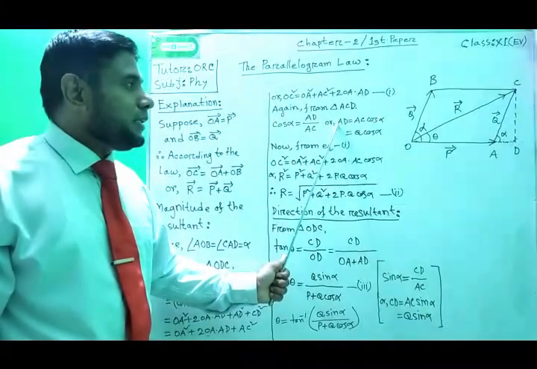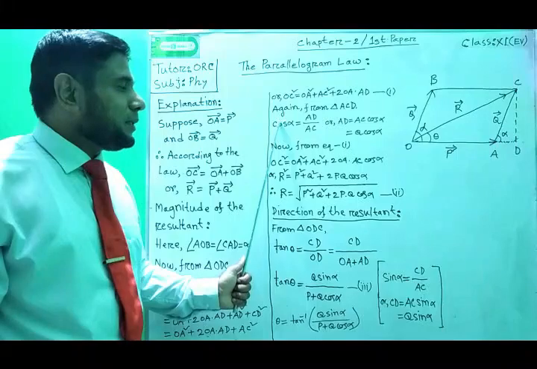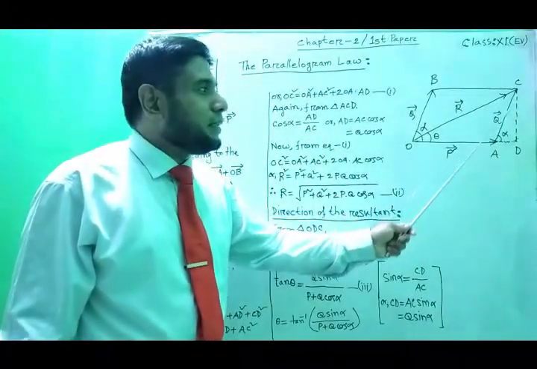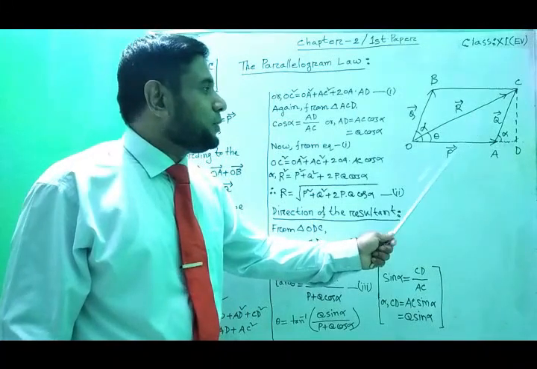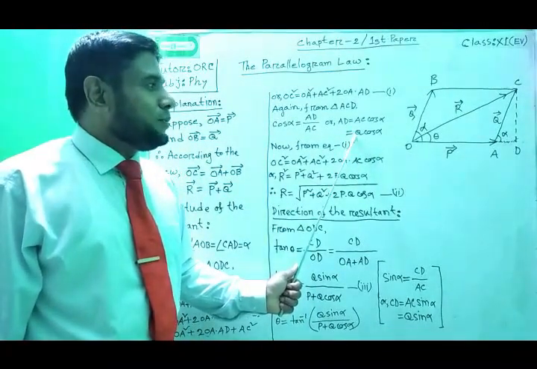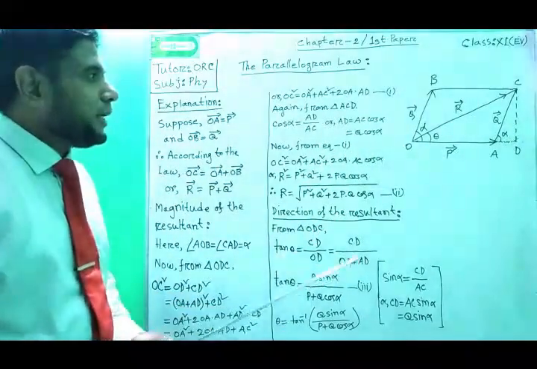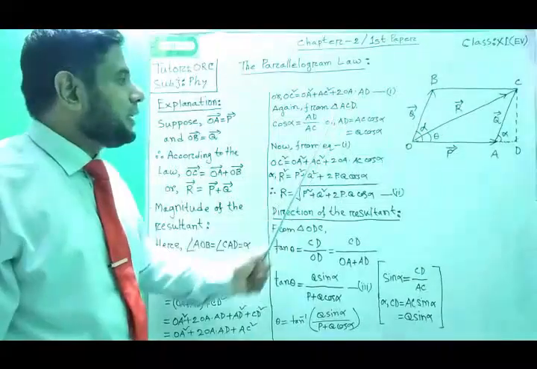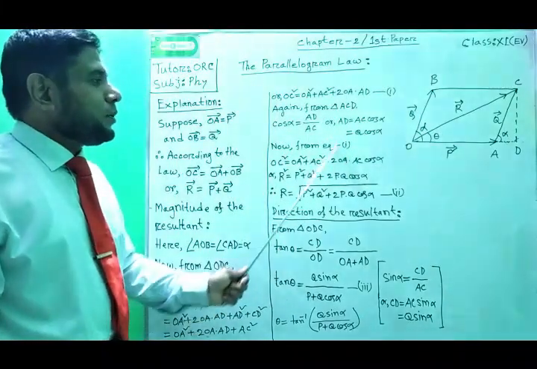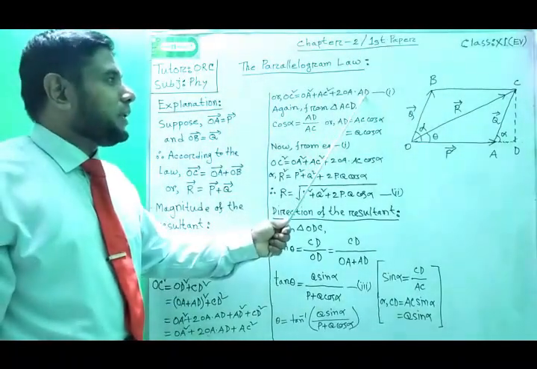We need AD, so according to cross multiplication, AD equals AC cos alpha, and along with the AC side, vector Q is acting, so we write Q. So we have already got the value of AD: AD equals Q cos alpha. Now we will substitute the value of AD in equation 1.